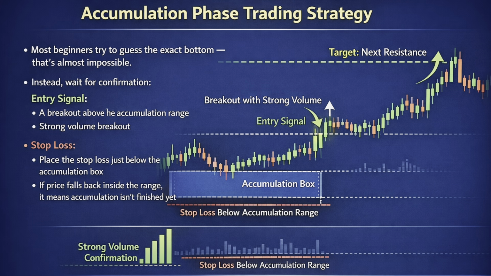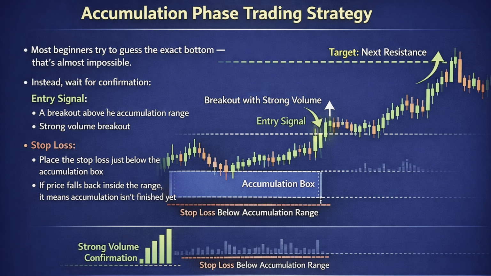Okay, now that you understand the 3 phases, let's talk about how to actually trade them. Accumulation trading. Most beginners try to guess the exact bottom. That's almost impossible. Instead, wait for a confirmation, a breakout above the range with strong volume.